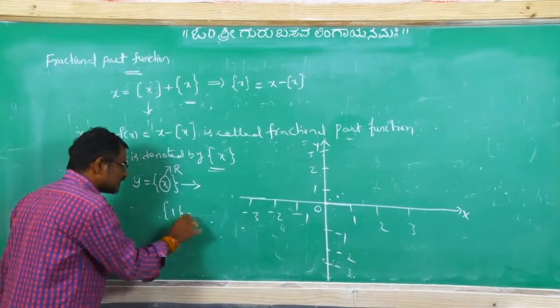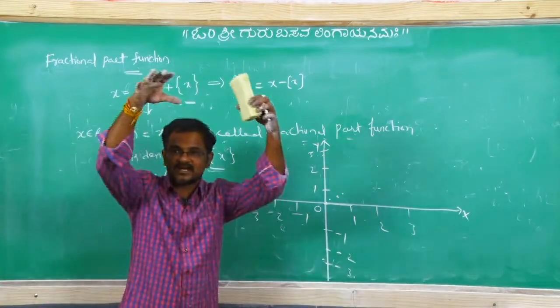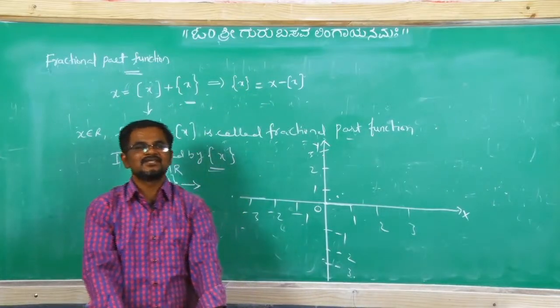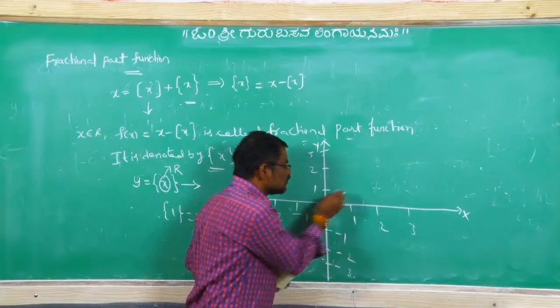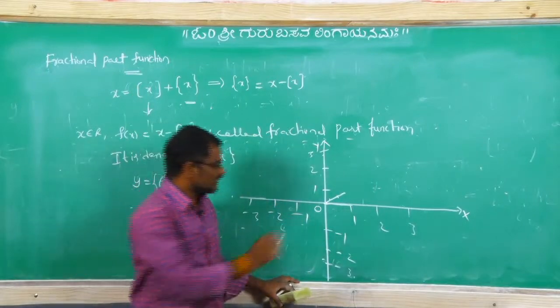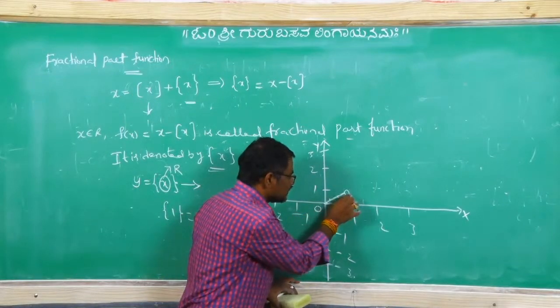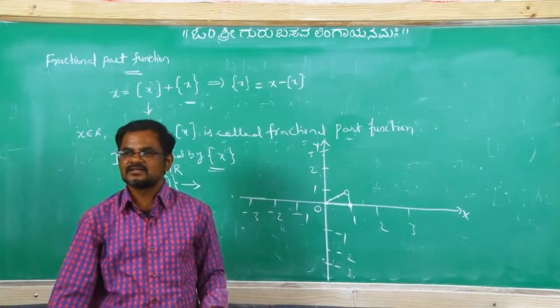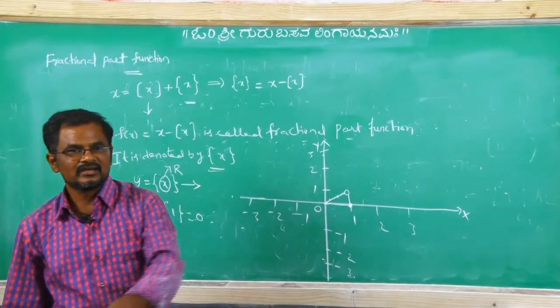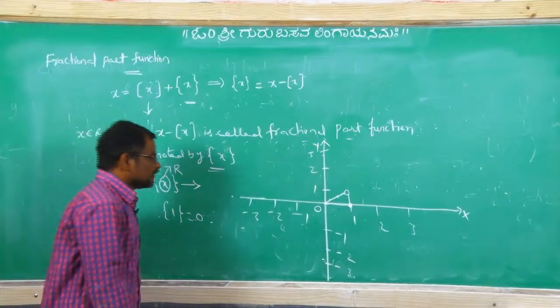Fractional part of 1 comes down to 0 again. Up to here it is moving, but whenever you take 1, it comes down to 0.